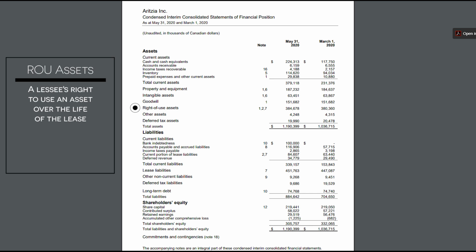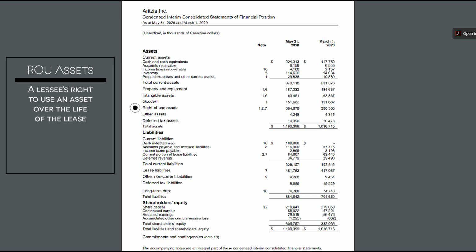Now, right of use assets. This isn't something we're going to go over too much in this video. Right of use assets have a lot of calculations in terms of total lease liabilities and incentives the company received upon signing leases. But essentially, a retailer like Aritzia is going to have a high amount of these right of use assets.